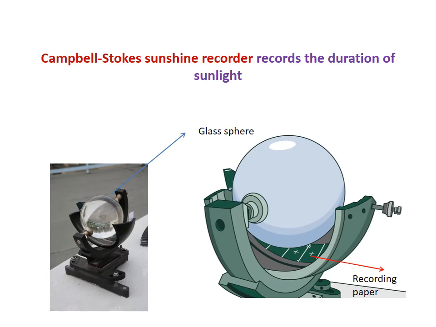This is the Campbell-Stokes sunshine recorder, which of course is not very much used in weather stations nowadays, because there are many electronic instruments which are used instead.